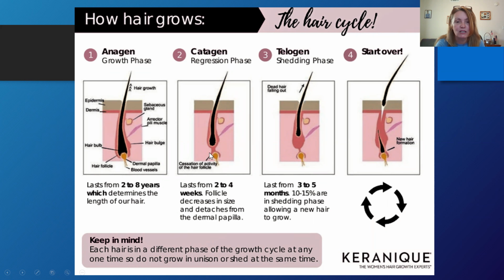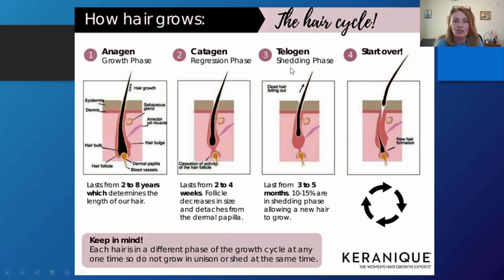You can see over here that the hair follicle decreases in size and detaches from the papilla. Because if you do not have this attachment to papilla, you don't have blood supply, you don't have nutrients, you don't have oxygen, right? So this is where the hair is pretty much dying off.